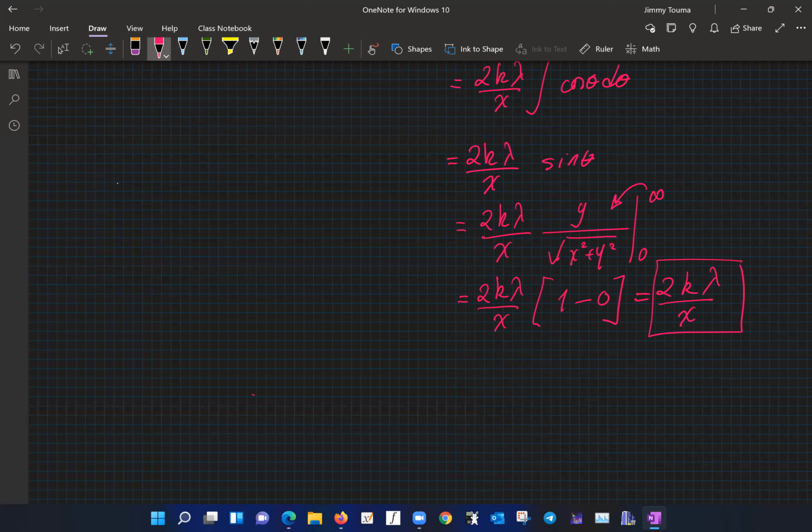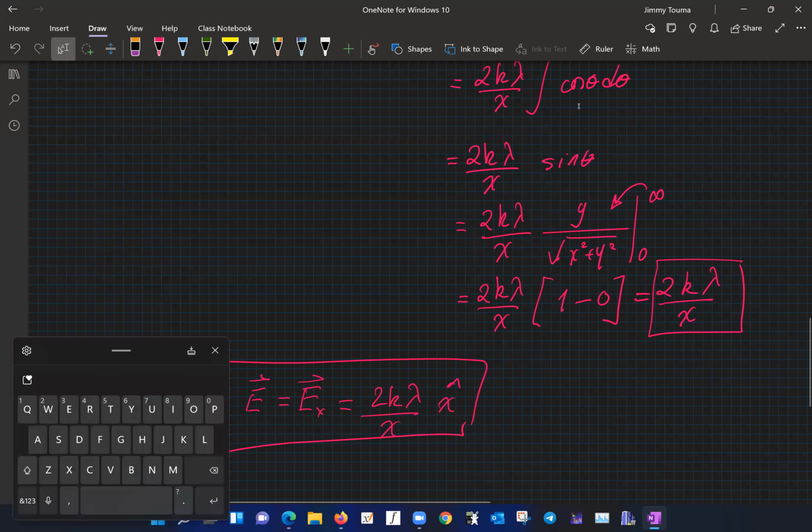And so basically E is E_x is 2k lambda over x, x hat. There is the final electric field.